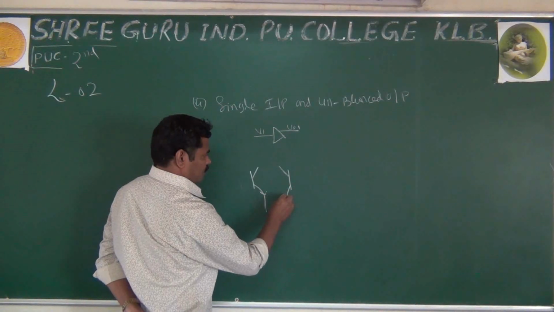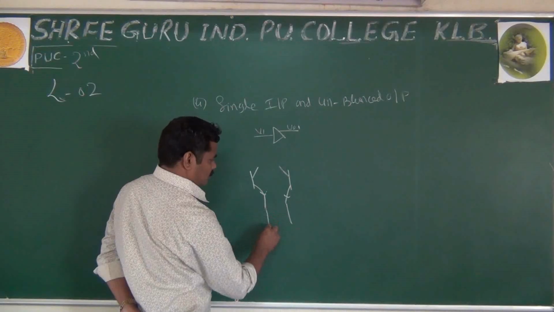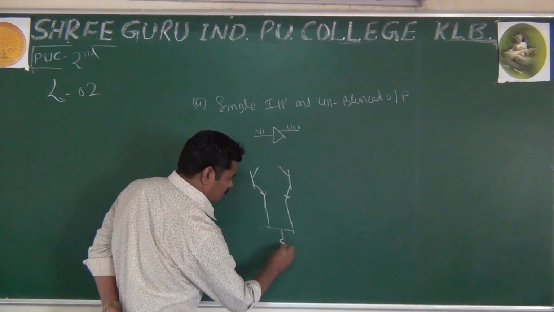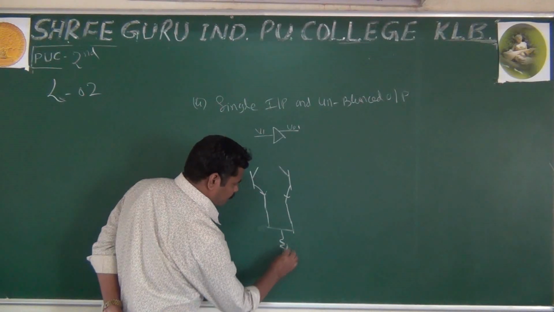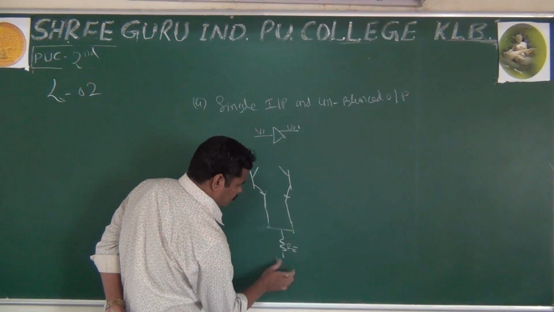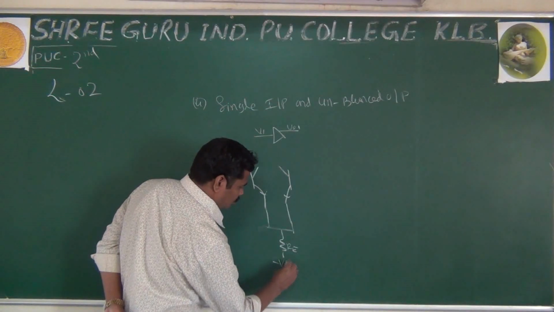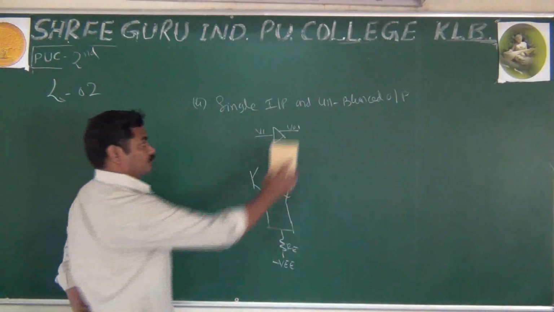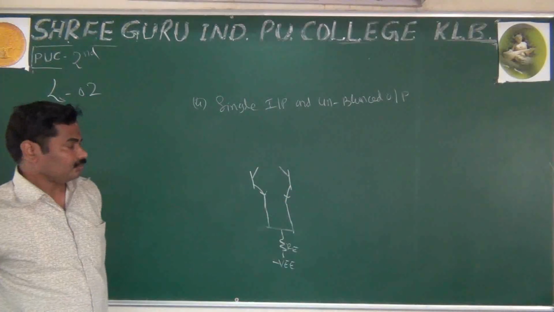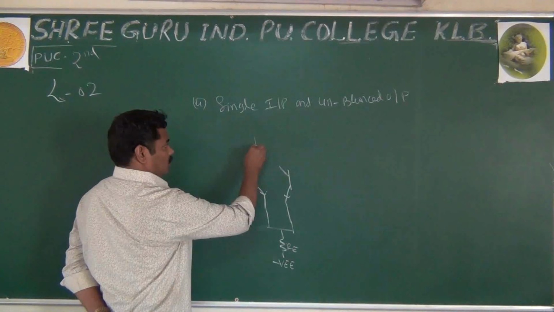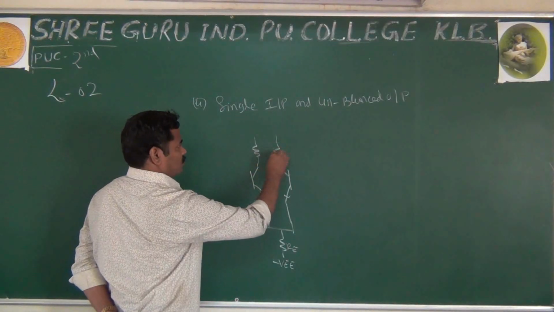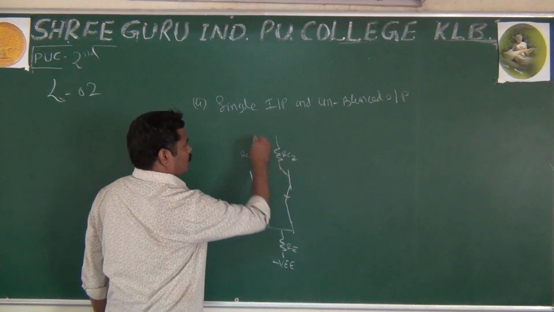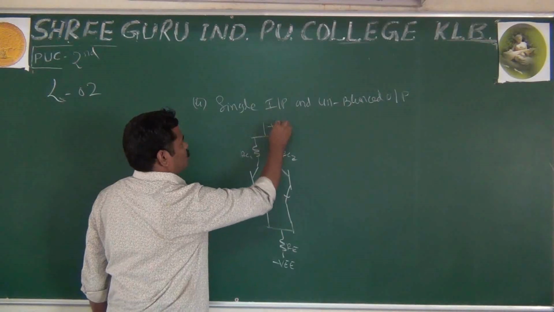We know already it has the common emitter, so RE, connected to a negative VEE. We are also using the collector resistors RC1 and RC2, connected to positive VCC.